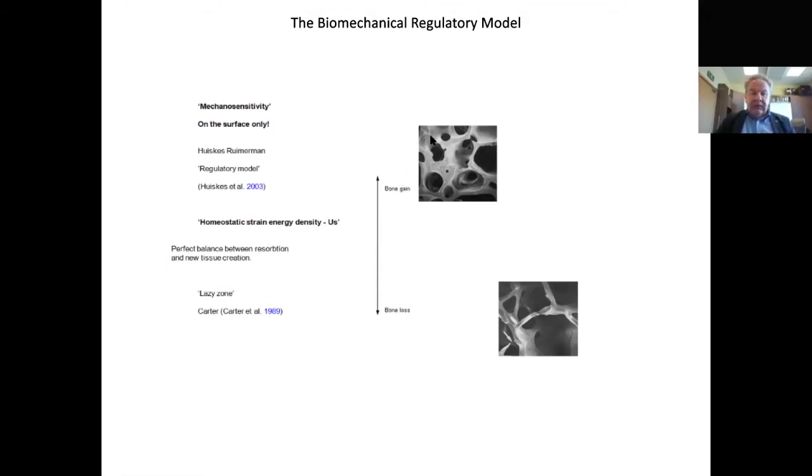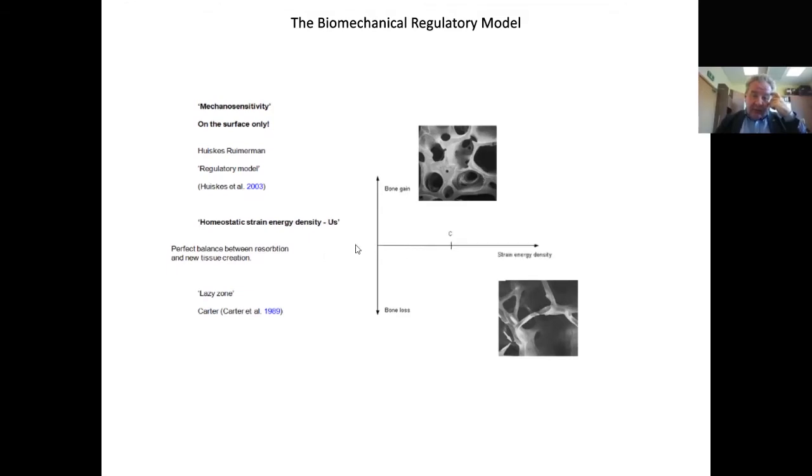Bone gain means that we will obtain more dense areas of trabecular bone, and bone loss means that we will obtain less bone and change the density of bone. The regulatory model is able to answer this.